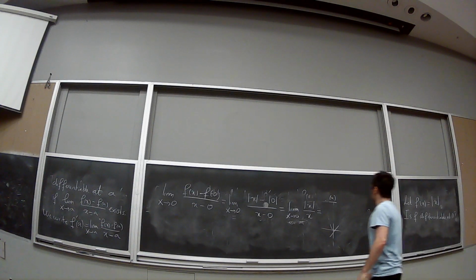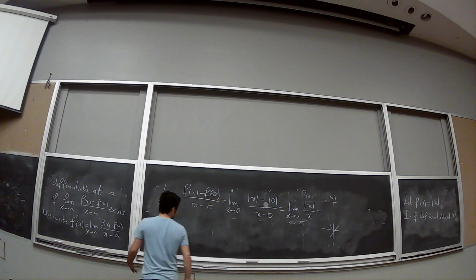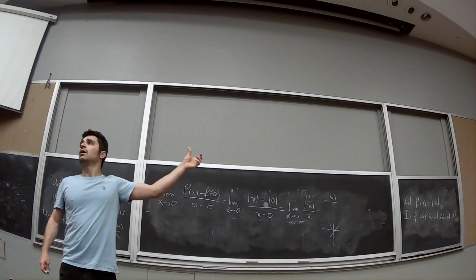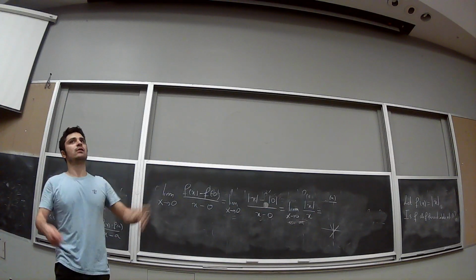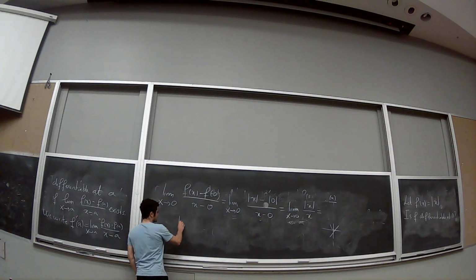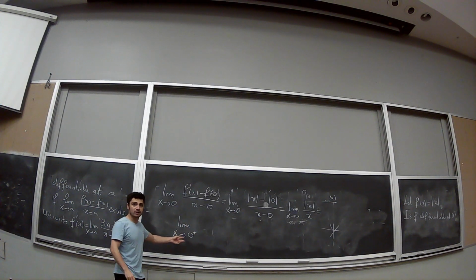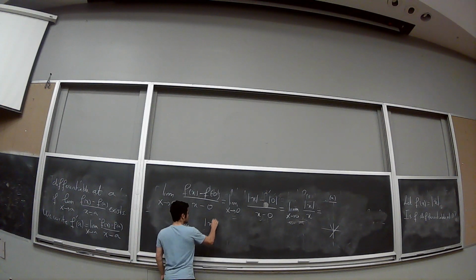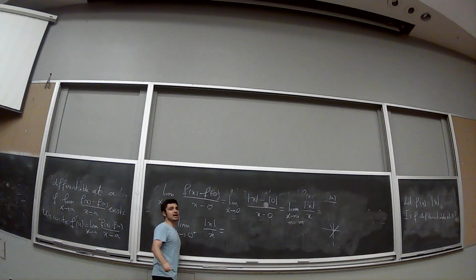So really, let's try to evaluate. What is annoying me here? The absolute value. So I'm going to try to get rid of it. But I can't really get rid of it unless I specify whether x is going to 0 while remaining positive, or negative. Now if x is going to 0 from the right, so x is positive, what is the absolute value of x?